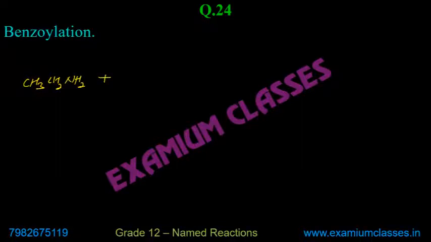This is a primary amine. I'll show you the reaction for secondary amine as well. And benzoyl chloride, C6H5COCl.